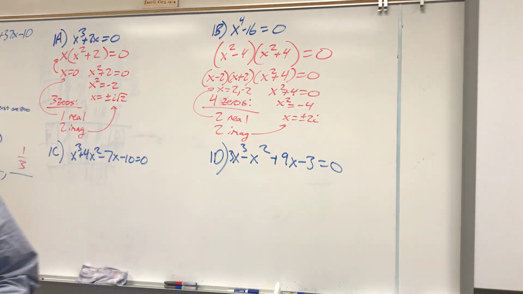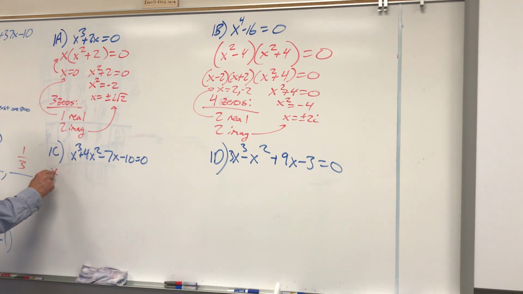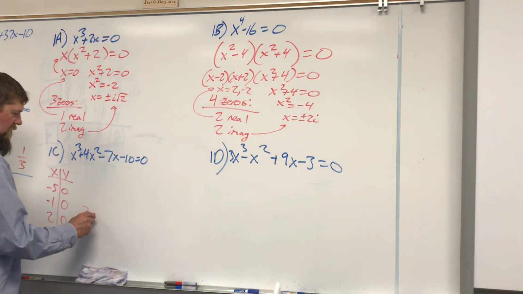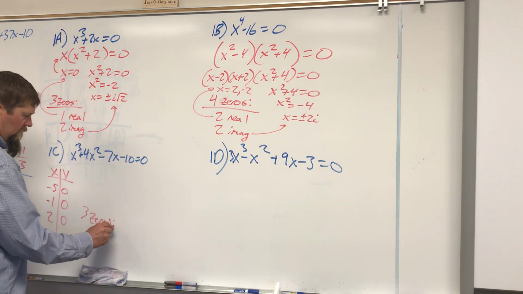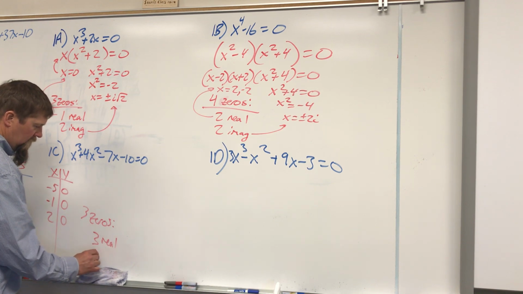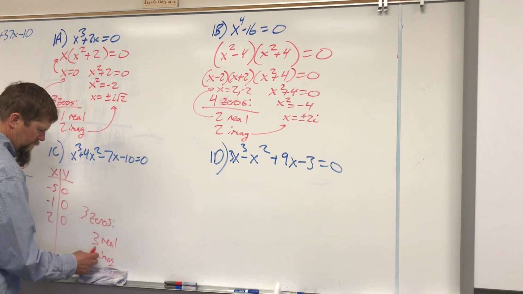When I use the calculator, I end up seeing on my table that -5 is a 0, -1 is a 0, and 2 is a 0. Okay, so basically I found out of the 3 zeros, I know that 3 are real and 0 are imaginary.